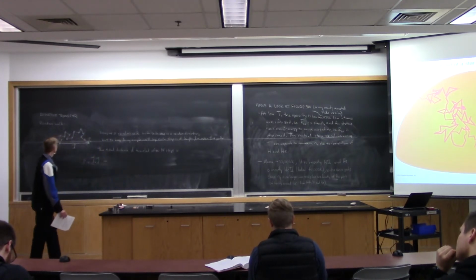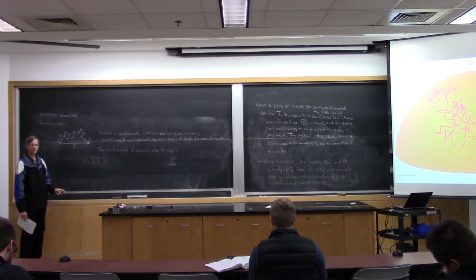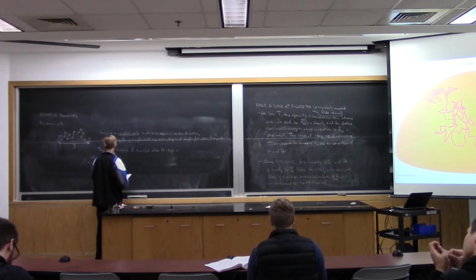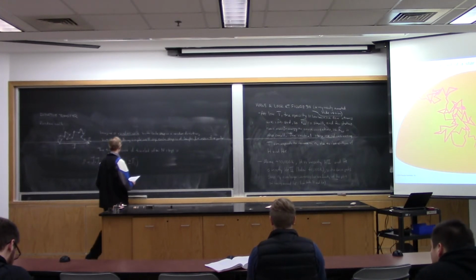But d, the total displacement, is just the vector sum of all the individual displacements. So it's the sum over i of all the Li's dotted with the sum over j of all the Lj's.